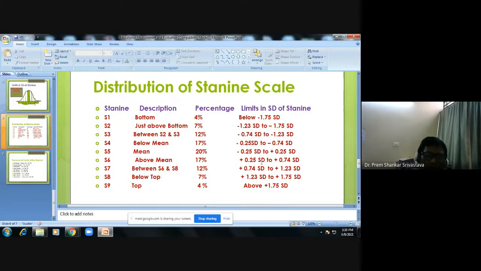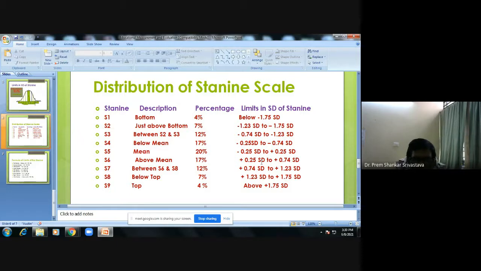The third Stanine is between the second Stanine and the fourth. That is 12%, and its limit in SD is minus 0.74 SD to minus 1.23 SD.